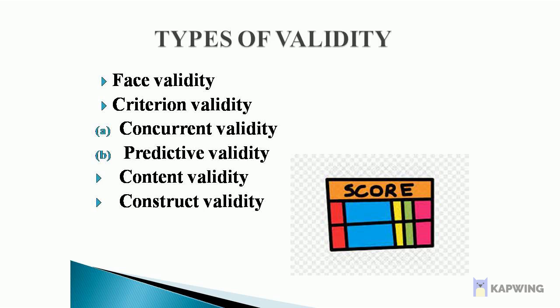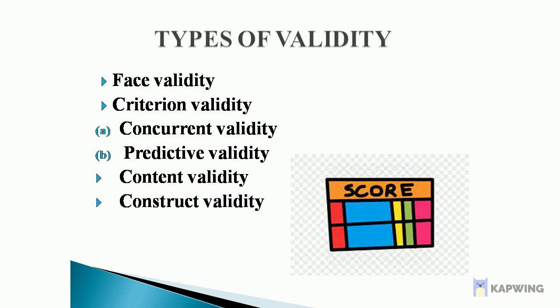When the criterion is something that is happening or being assessed at the same time as the construction of the test, it is called concurrent validity. Predictive validity. When the criterion is something that will happen or be assessed in future, this is called predictive validity. For example, SAT, GMAT, GAT test, etc. Content validity.